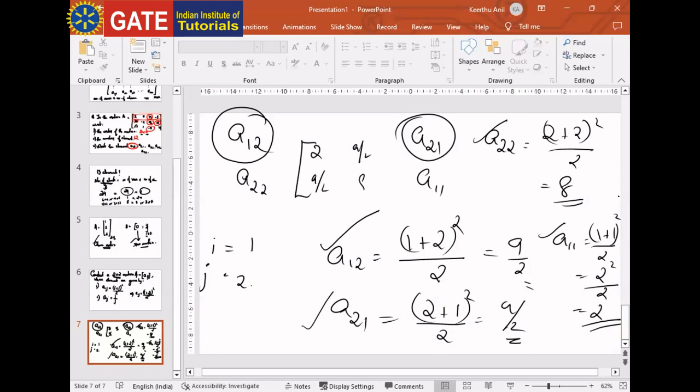A22 means how much? 8, right? So this will be my matrix. Understood? This is for the first condition. Similarly, how many conditions are left? 2 more conditions left, right? So try attempting it and finding the answer. Let me know once you get it. If anybody has any doubt, please let me know.